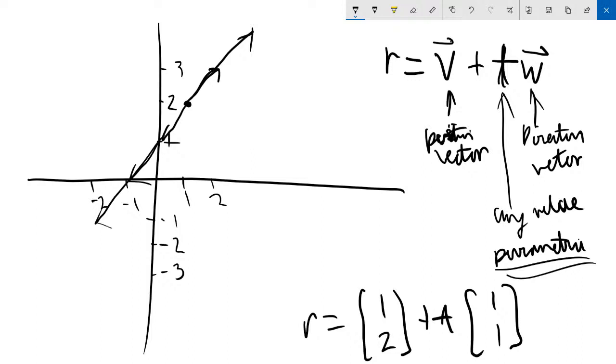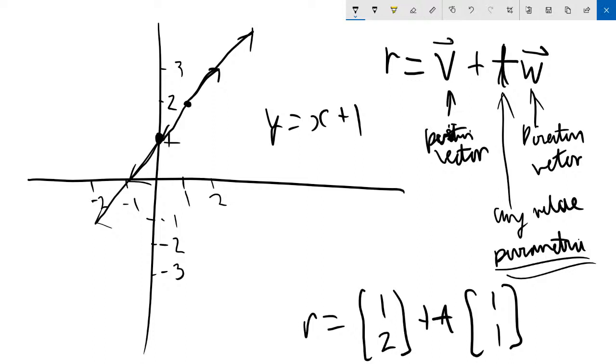So you're tracing out this line as you change the values of t and how much you're stretching out the 1, 1 in every direction. And this is actually equivalent to saying the line y is equal to x plus 1. It's the same line: intercept of 1, slope of 1. That's literally it.